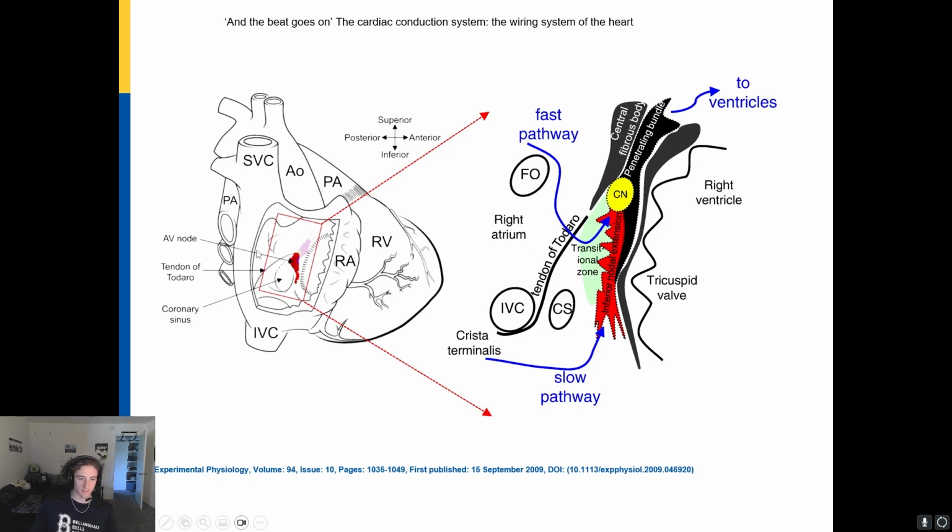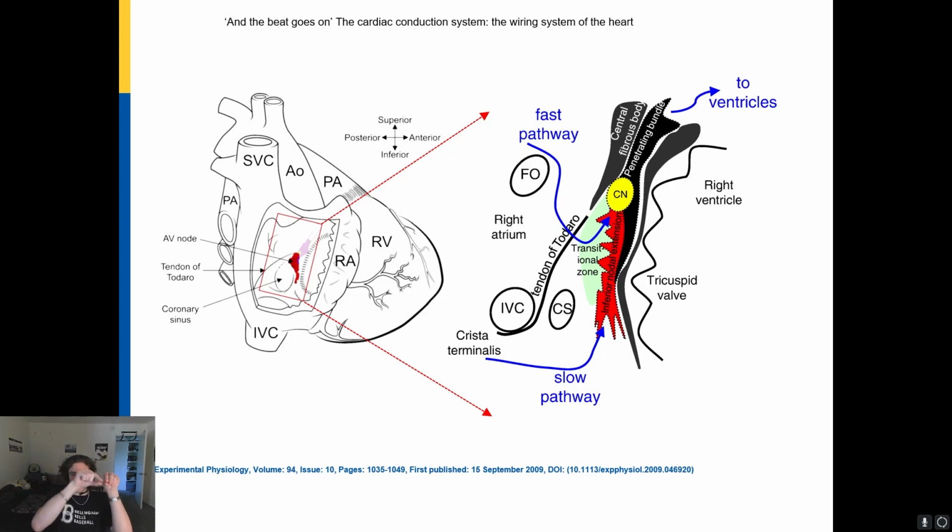If this slow pathway has to come through the atrial muscle, but then go through the inferior nodal extension, what does it have to hit? It has to hit this area of low expression of these big calcium channels. Low expression of big calcium channels means slowly getting that signal through the cells, right? It's not going to be like wham, a bunch of calcium.